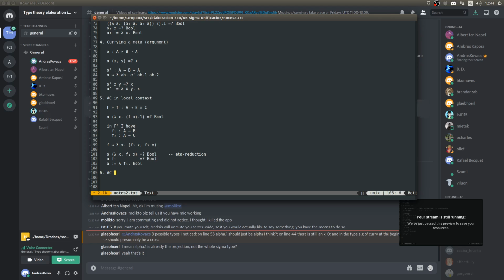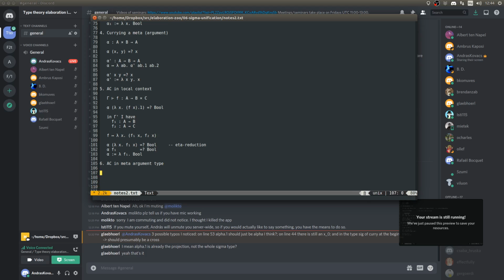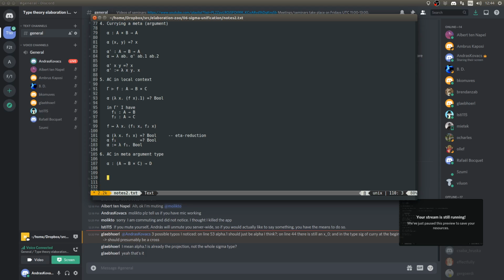And we can also do an AC in meta argument type. So let's try to do an example for that. I can have a meta which has as an argument a function which goes from B to C and then returns some D. And then my problem can be like lambda x dot, and here I can also have y and z, which are bound variables in the scope.